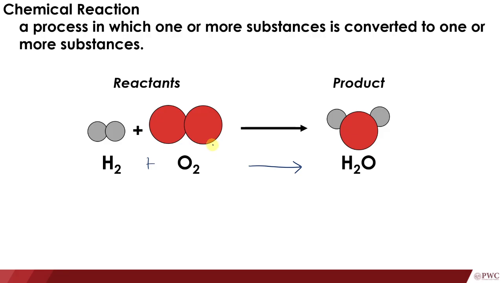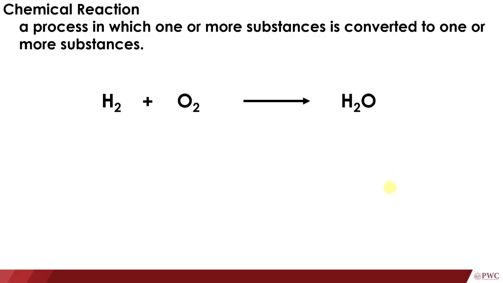This is contrary to what we observe in chemical reactions. The mass before and after the reaction are the same. It means that the atoms before and after the reaction must be the same. So obviously, something is wrong with this equation. We say this equation is not balanced. So let's try to balance this one.